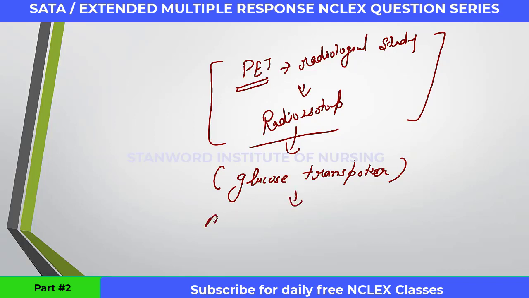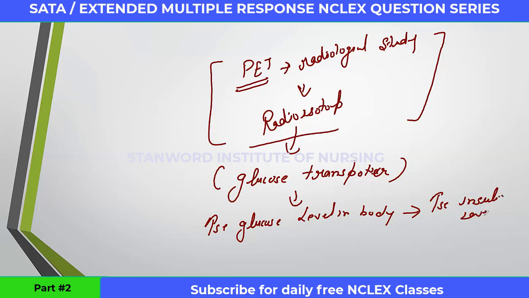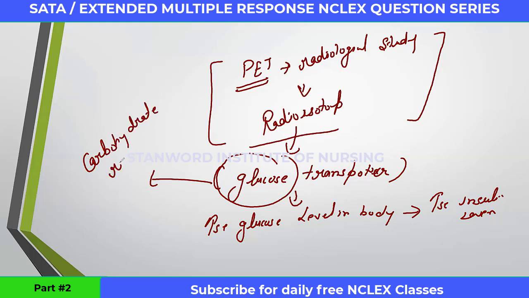If there is an increased glucose level in the body, it can lead to an increased insulin level in our body. And we know glucose comes from a carbohydrate rich diet. So directly here, the client has to avoid the carbohydrate rich diet.